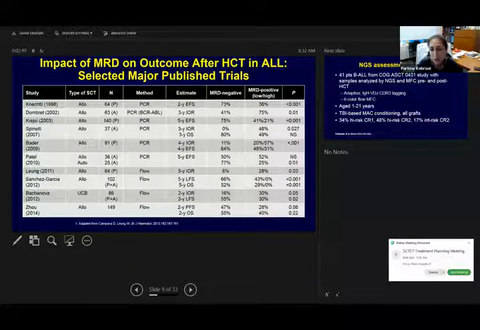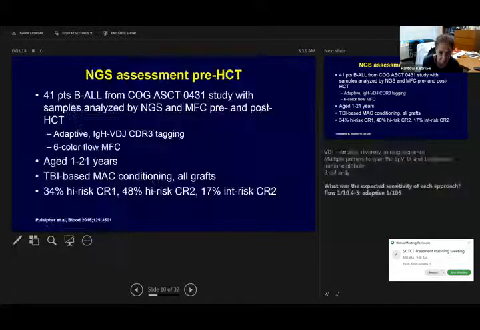But really, I'd like to emphasize that when you look at when these patients were measured for MRD across the board, the patients who are MRD positive had a significantly higher rate for subsequent relapse following transplant. And this is irrespective of the form of MRD measurement. And the difference is almost twofold in some studies.